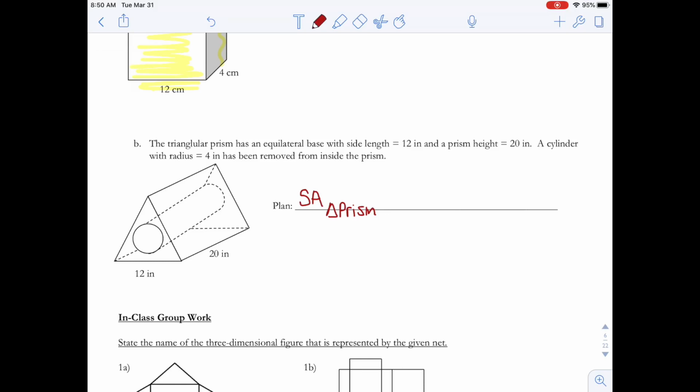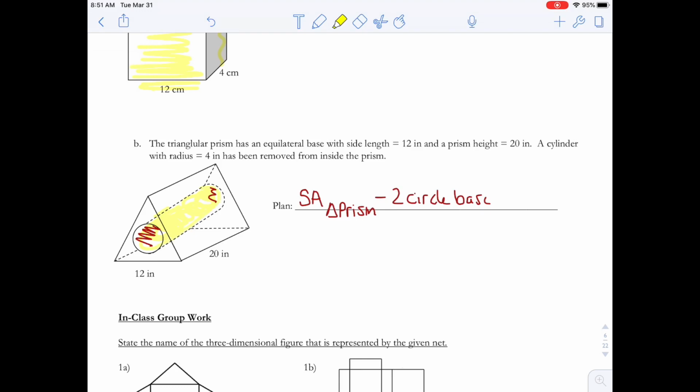But I don't have all of that, right? Because we removed these two ends here. So I'm going to take away two circle bases. And now this might be tough for some of us to visualize. We still have to paint the inside because we're going to have this cylinder here on the inside.